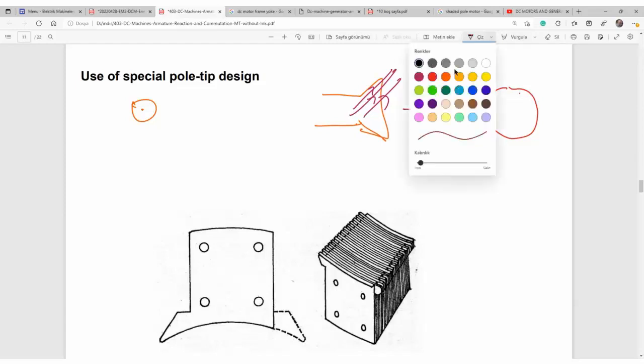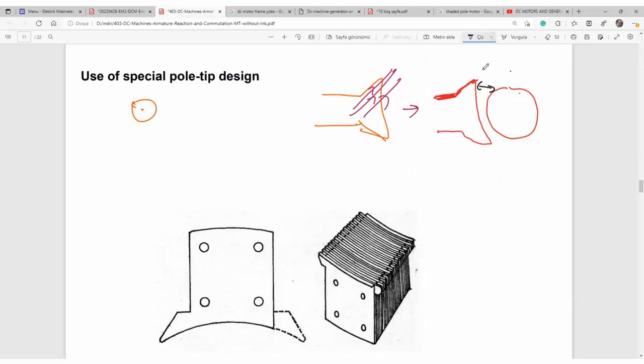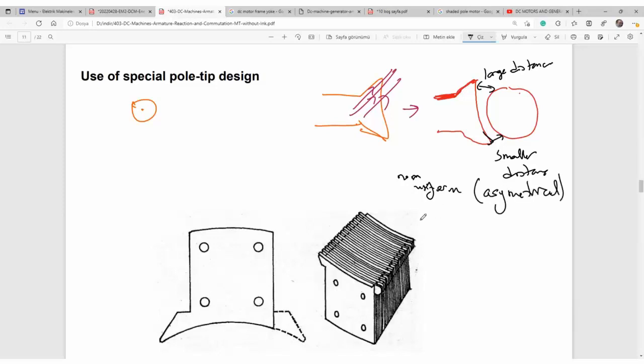For example, a large distance, a smaller distance, the air gap will be non-uniform, asymmetrical. An asymmetrical air gap is designed.